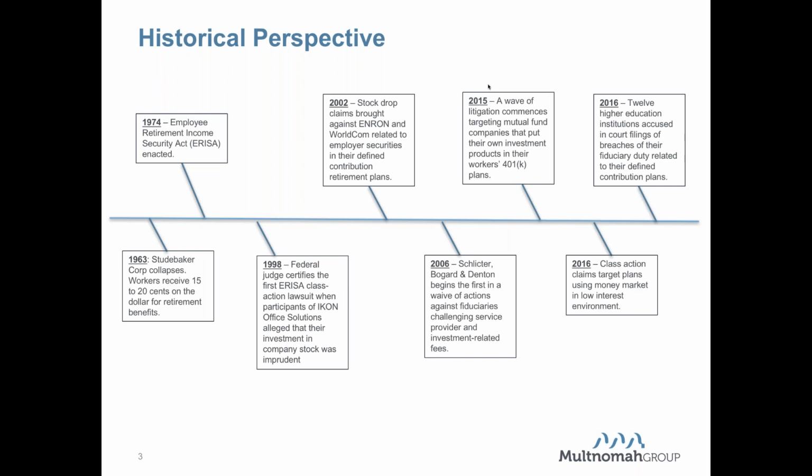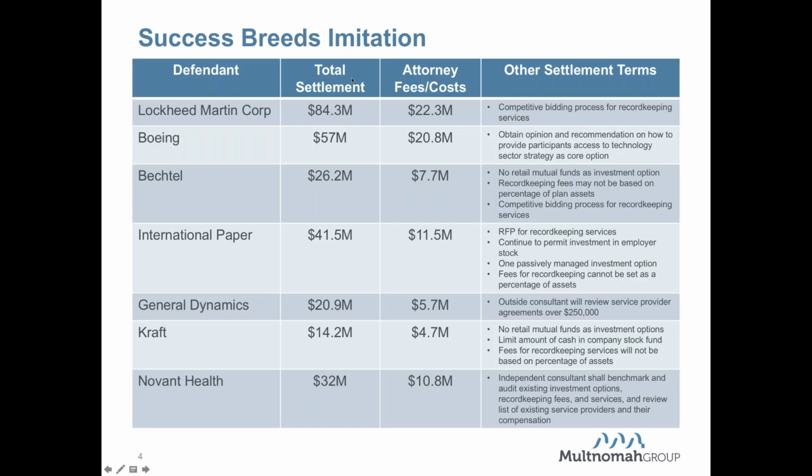So what you really see starting about 20 years ago, 1998, was a much more rapid development of case law and certainly claims and settlements related to fiduciary breach cases for employee retirement income security plans. And ultimately the reason is because it's been awfully good. It has been a great place to make settlement money.